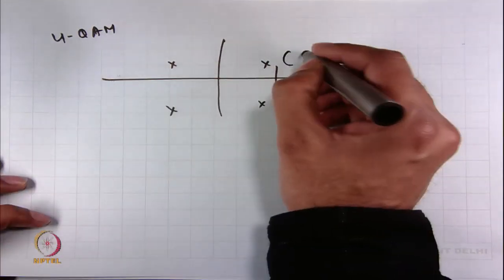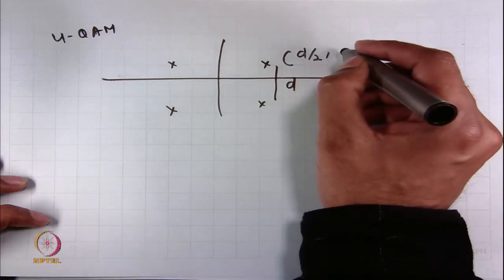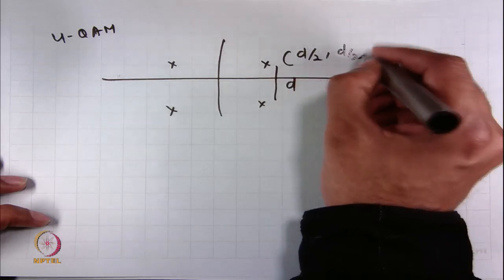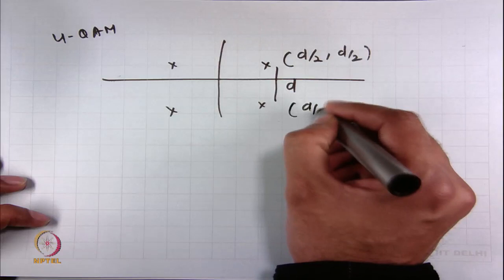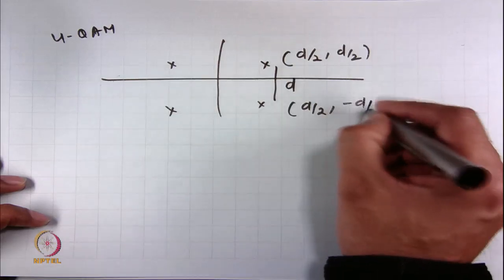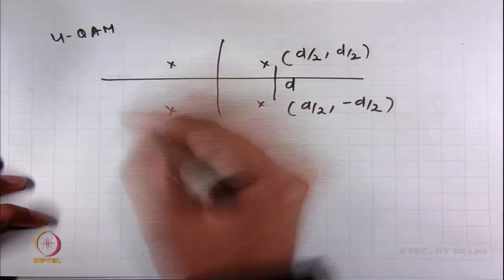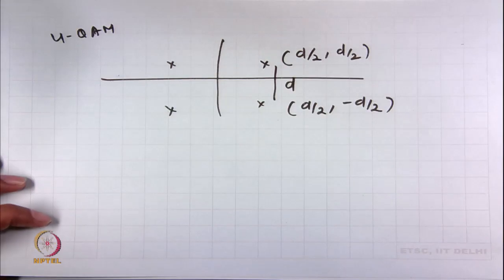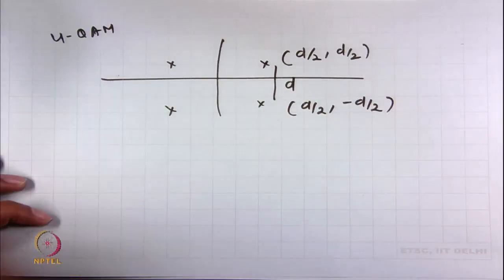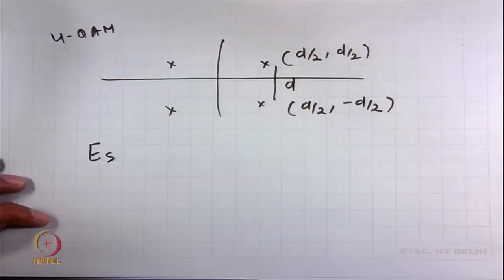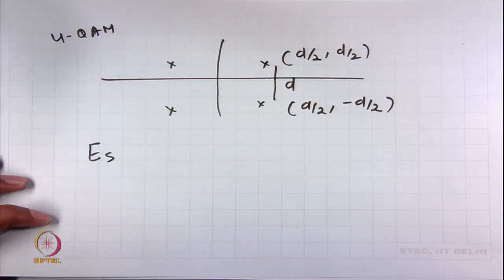So, this symbol would be d by 2, d by 2, this would be d by 2, minus d by 2, and similarly you can obtain the values corresponding to other symbols. Energy of all these symbols must be same. So, if I calculate the energy of one symbol, that would be same as the average symbol energy. All these symbols have the same energy.